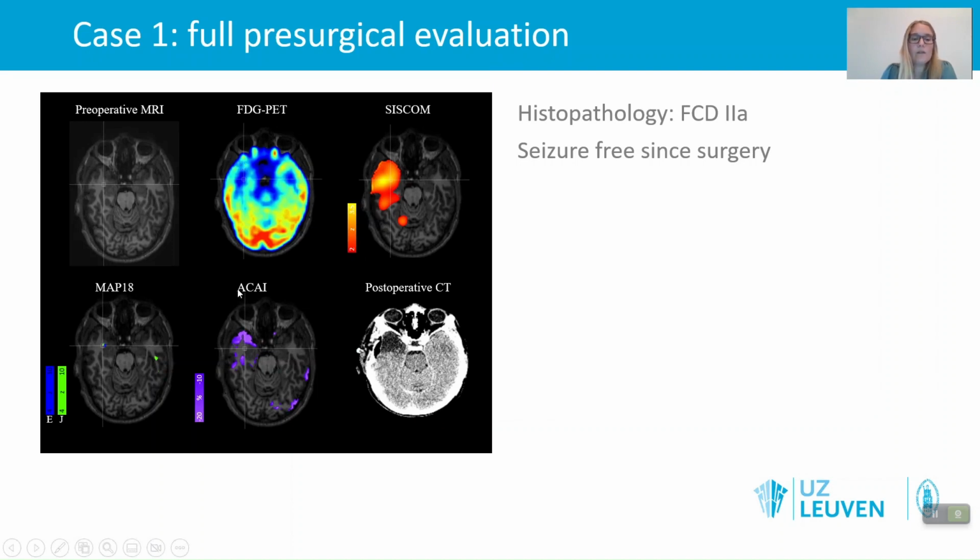If we quantify it using an anatomy-corrected asymmetry index, we also see hypometabolism in the right temporal lobe. And our SISCOM is concordant. The EEG was concordant and the semiology was concordant. So the patient underwent surgery. Histopathology confirmed an FCD type 2A. And the patient is seizure-free since the surgery. And here you see the post-operative CT scan.